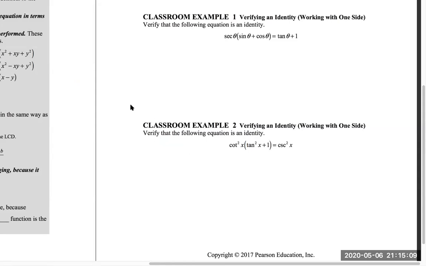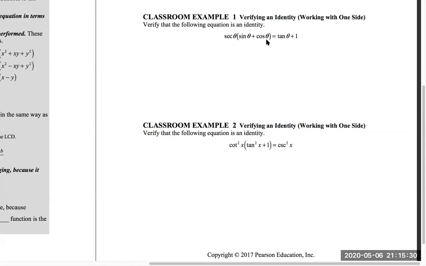All right, let me start with classroom example 1, and then I'm going to move to classroom example 3. Classroom example 1 asks you to verify the following. You have options here. You can either work with one side or work both sides and try to get them to be matching.